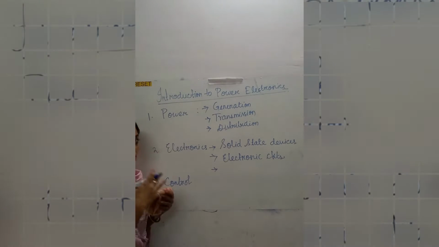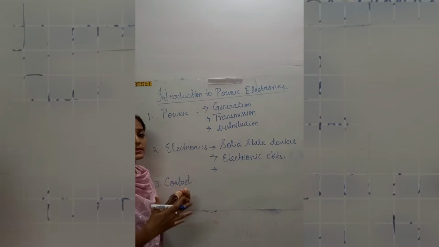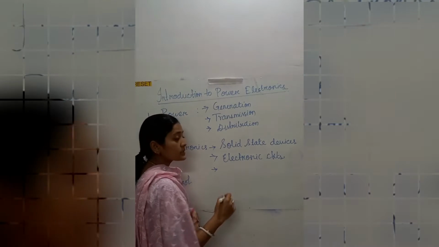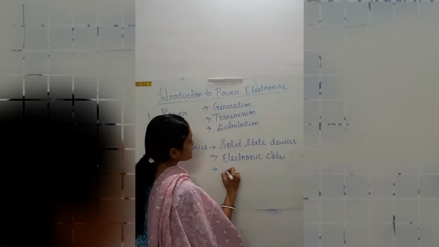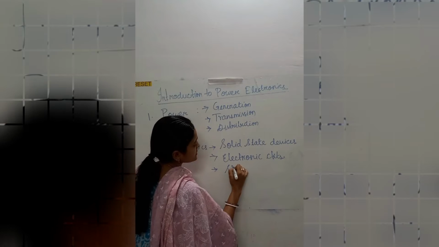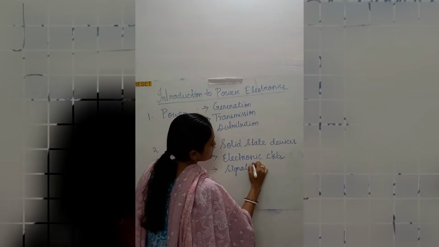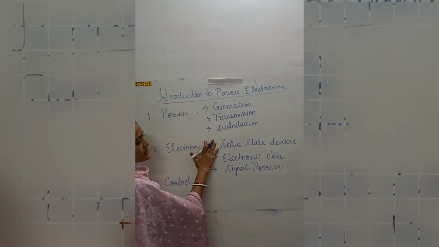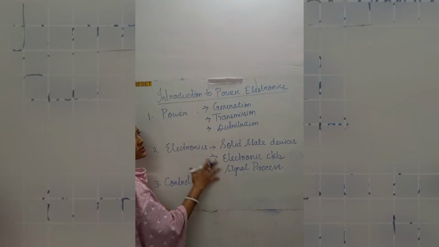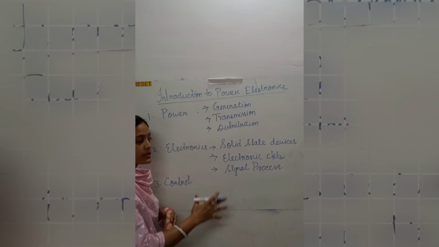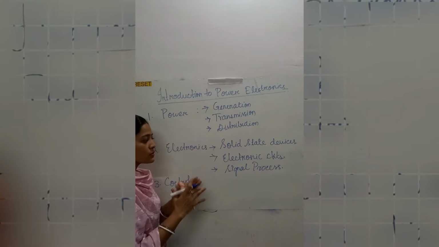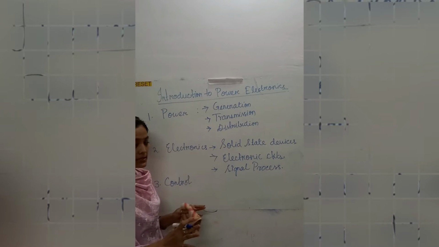Then when these electronic circuits work, they give some signals, that is signal processing. These solid state devices and signal processing, these components we need to know in a very clear manner.